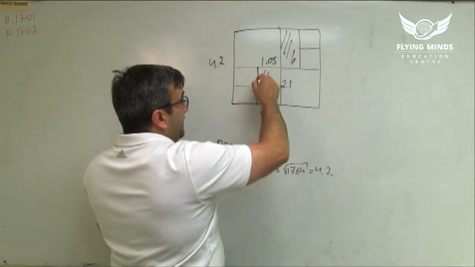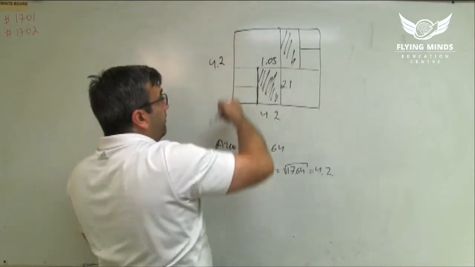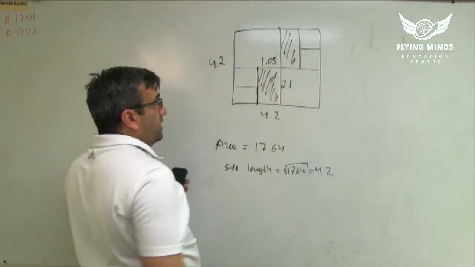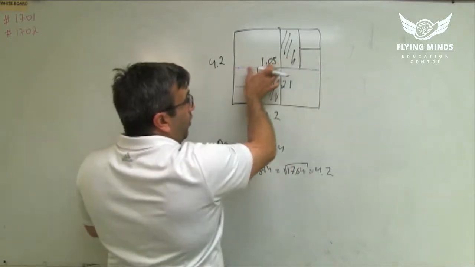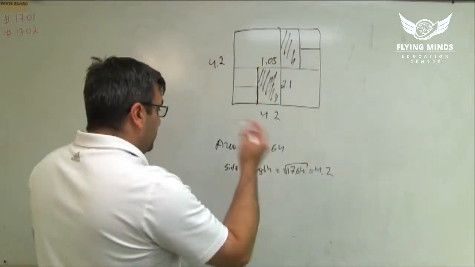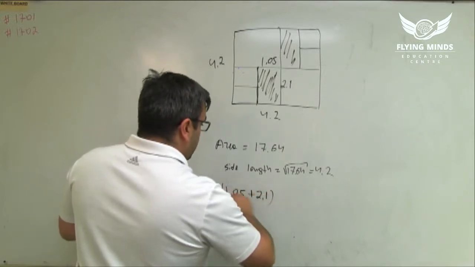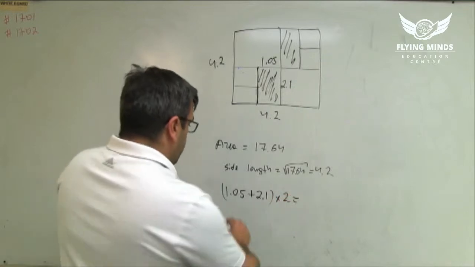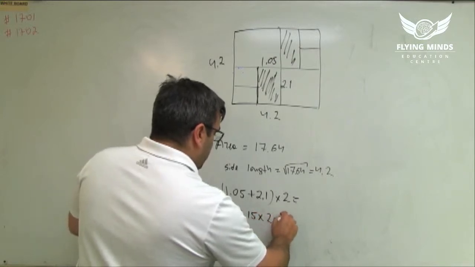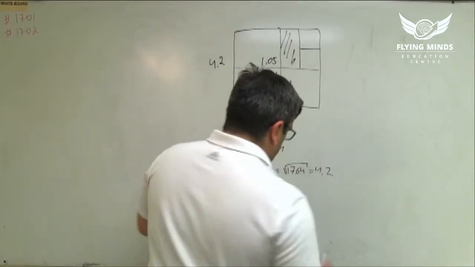Then the length of this rectangle will be half of this length, so it's 21, and the width of this rectangle will be a quarter of the length of this side, which is 10.5. So the perimeter will be 10.5 plus 21 times 2. It gives us 31.5 times 2, so it will be 63 centimeters.